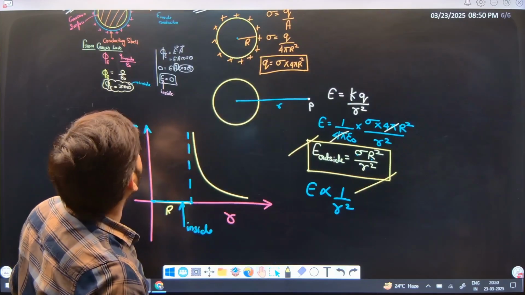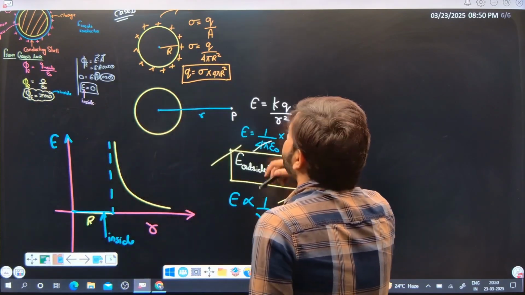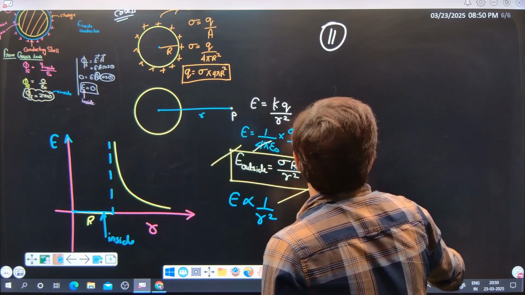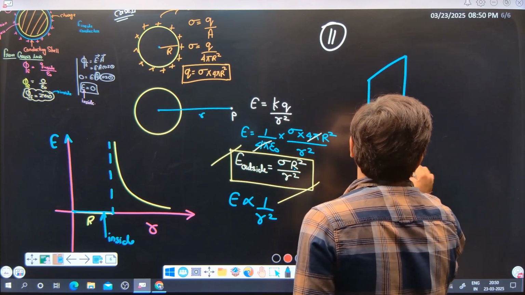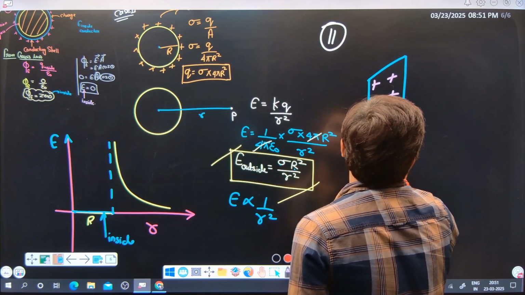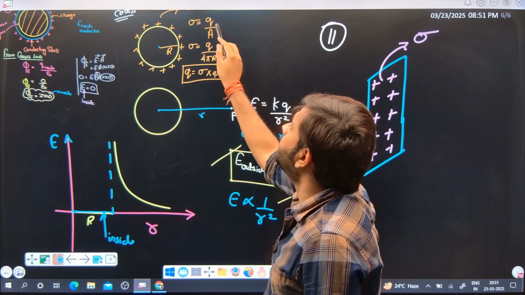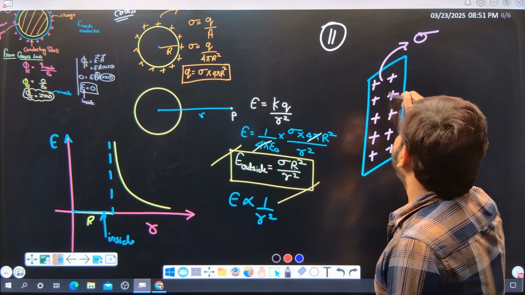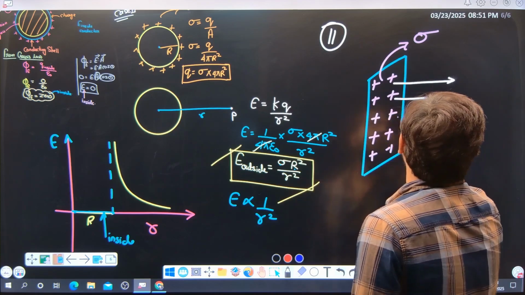Okay. So this is the first application of Gauss law, and one very famous application of Gauss law is the second application. Imagine this is a plane sheet having charge density sigma. As I already explained, sigma equals q by A. Sigma means surface charge density. The electric field due to a plane sheet is very uniform.